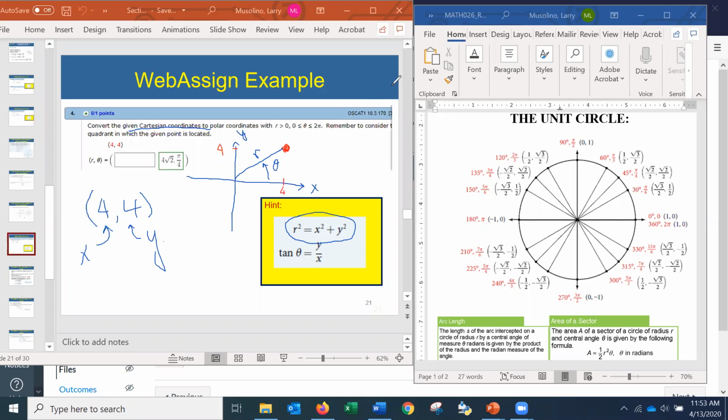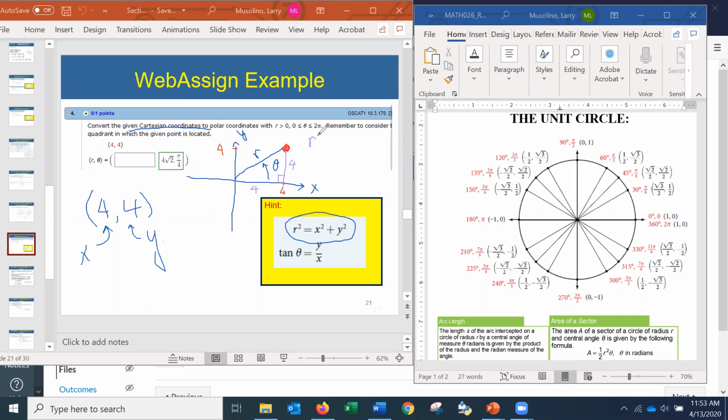And again, I could see that makes sense to use that formula because I could draw myself a little right triangle here. So here's a right triangle. The bottom leg is 4. The vertical leg is 4. So r is really the hypotenuse of this triangle.